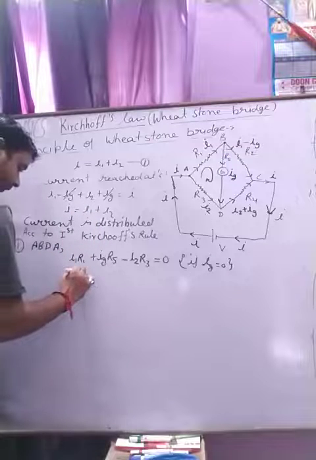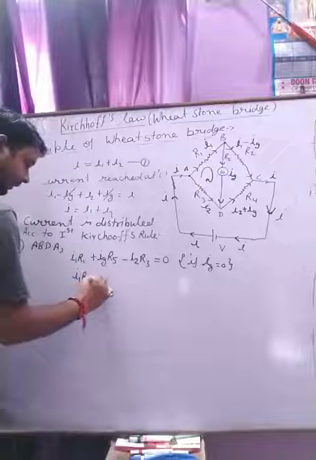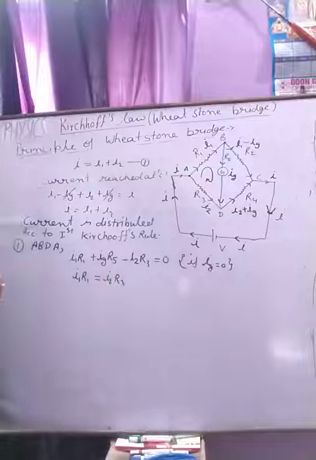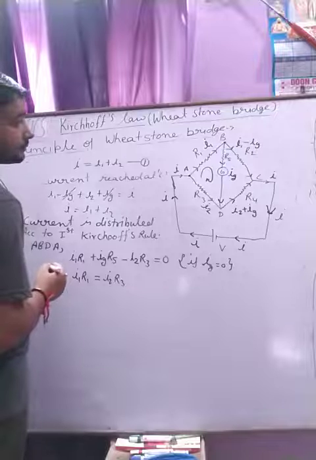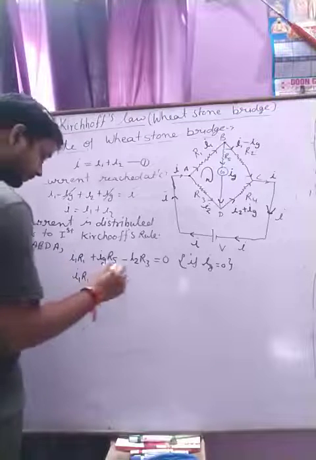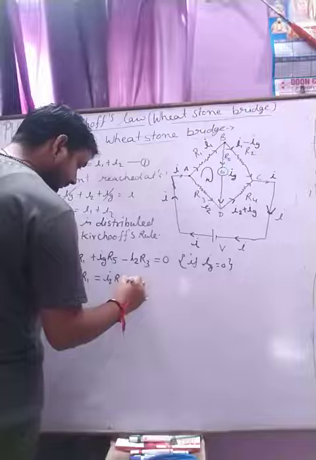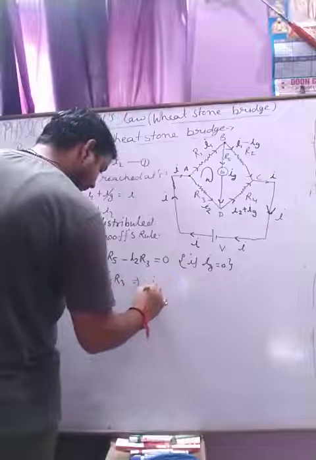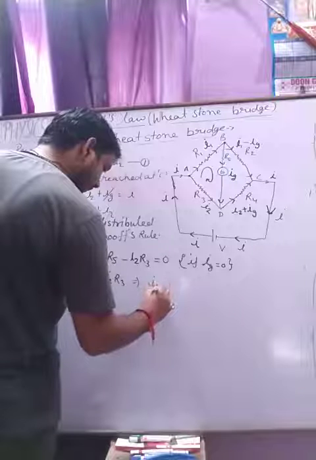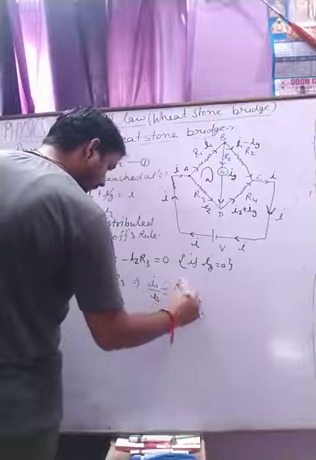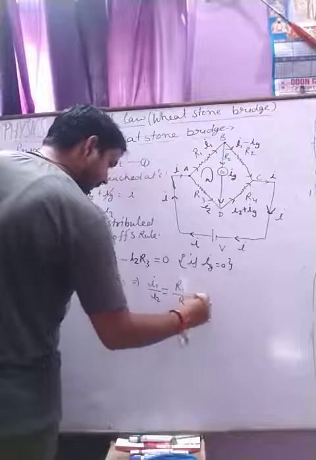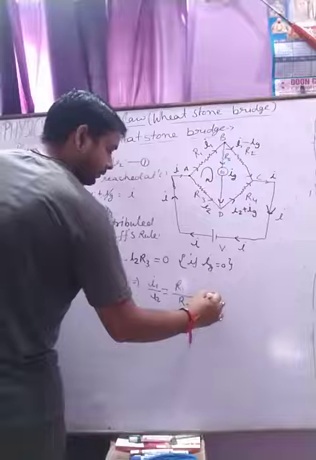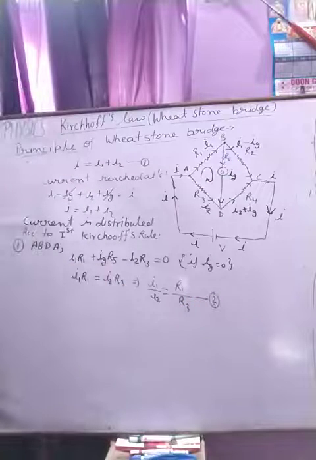So we get I1 R1 equal to I2 R3. Therefore we calculated I1 upon I2 equal to R1 upon R3. This is equation second.